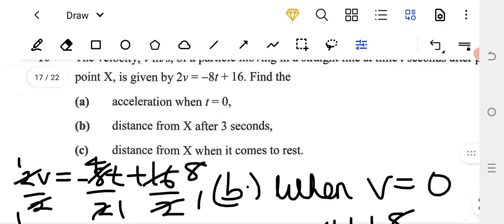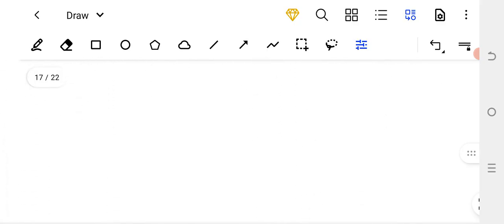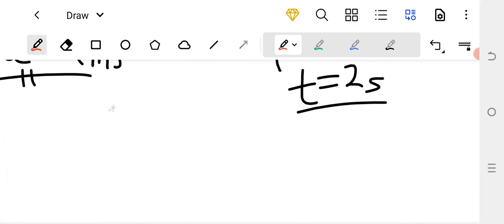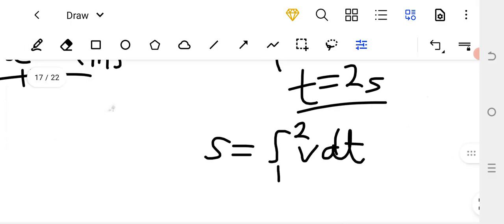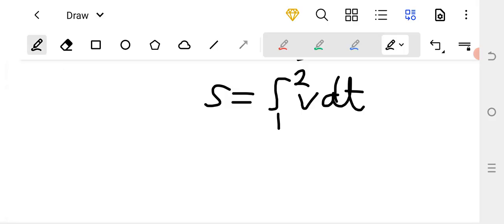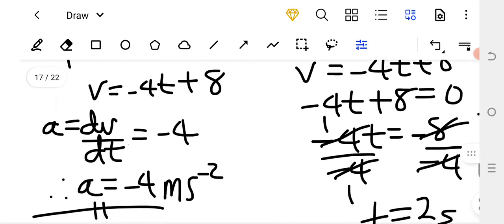Here, for question B, they wanted distance from X after 3 seconds. So to find our distance, we are going to say distance represented by S is equal to the integral from 1 to 2 of V dt. So it's going to be equal to the integral from 1 to 2 of V, which is negative 4t plus 8.